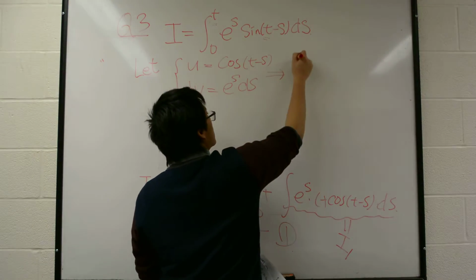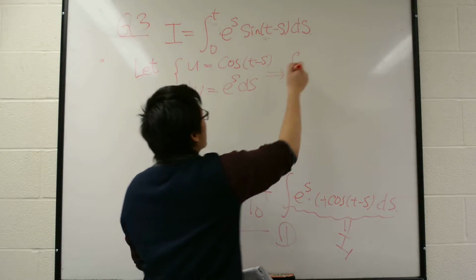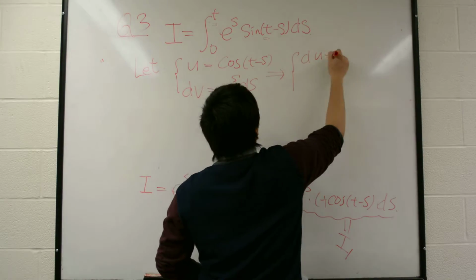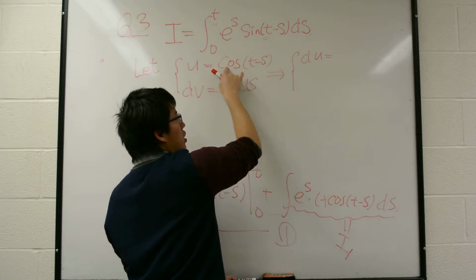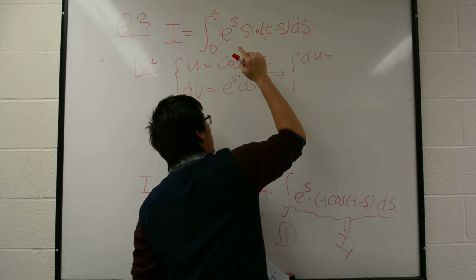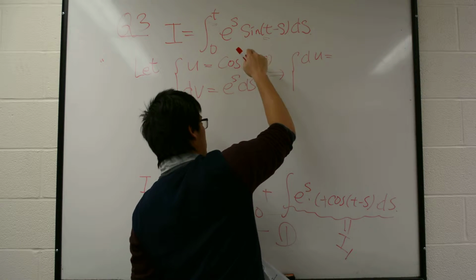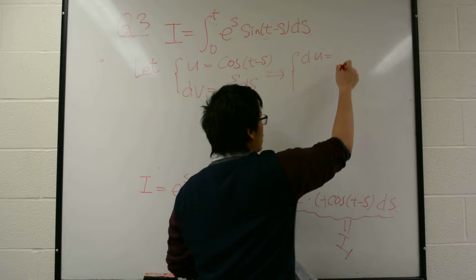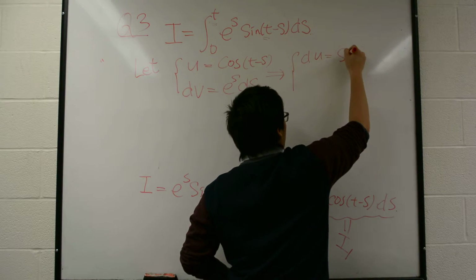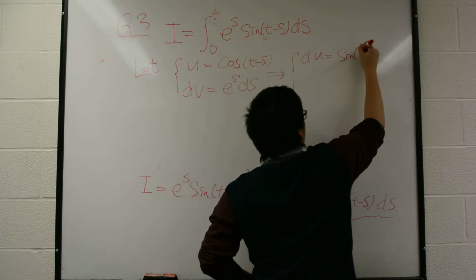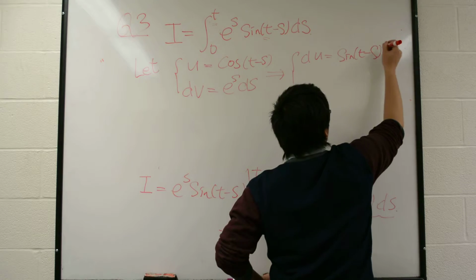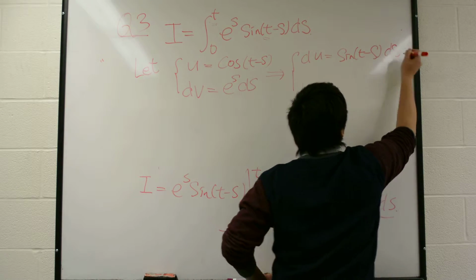That implies du is the derivative of cosine, which is minus sine, but again we differentiate the inside, which gives us minus 1, so we get sine(t minus s) ds.